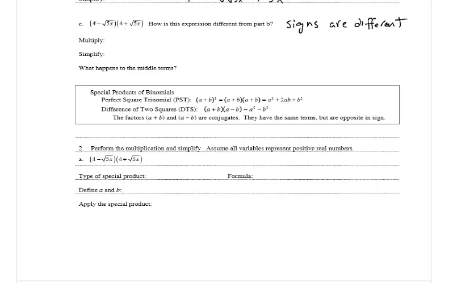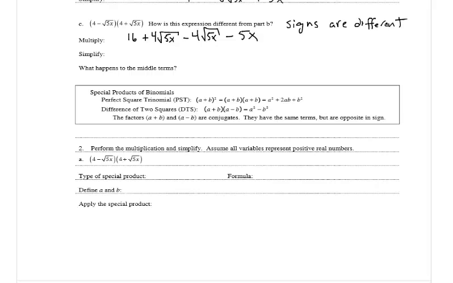So we have 4 times 4 is 16. 4 times the square root of 5x is 4 square root of 5x. And then we have negative square root of 5x times 4 is minus 4 times the square root of 5x. And now we have negative square root of 5x times positive square root of 5x gives us minus 5x.